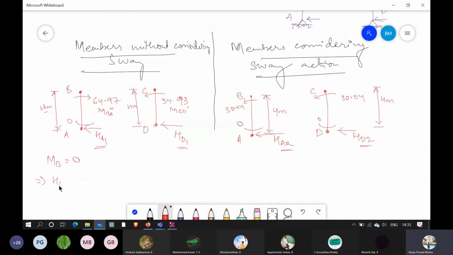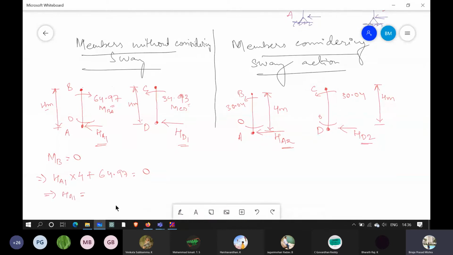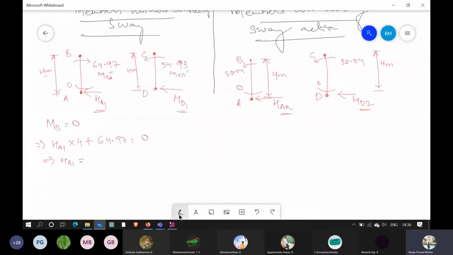This implies HA1 equals minus 64.97 divided by 4. How much is the value? That becomes minus 16.24 kilonewton.